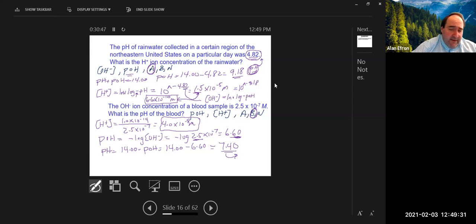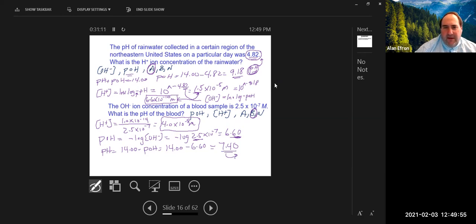If it's not really 25 degrees Celsius and 1 times 10 to the minus 14, they will definitely mention in a problem that the temperature is not 25, or give you a different version of KW to use. It's probably a rare occasion, but it definitely can happen.